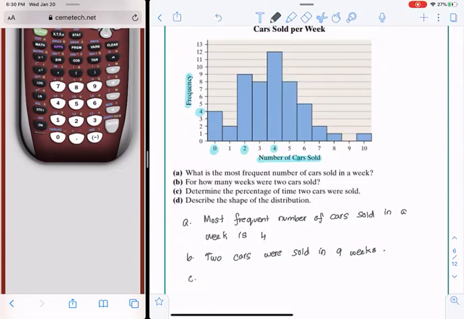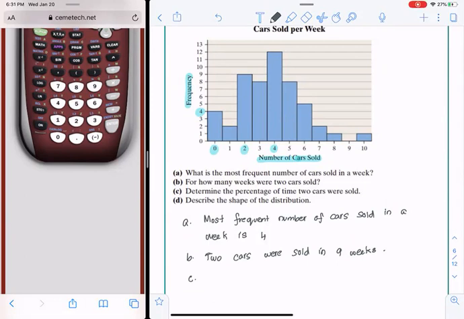Now we have to determine the percentage of time 2 cars were sold. So what does percent mean? Percent simply means some value relative to some other value.